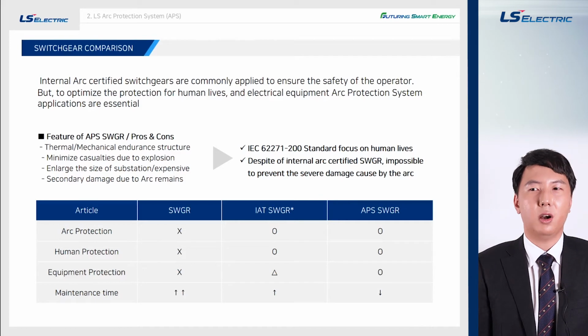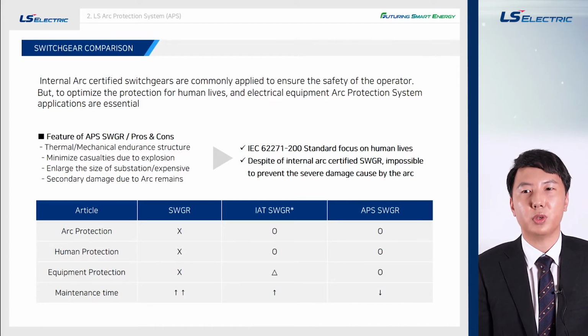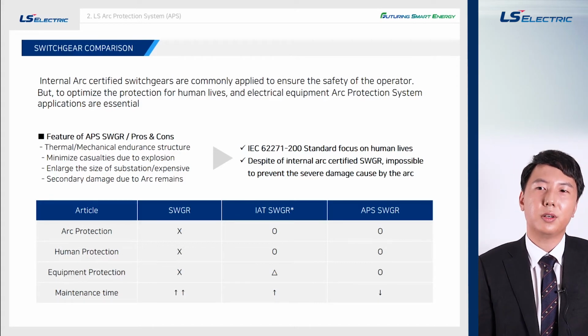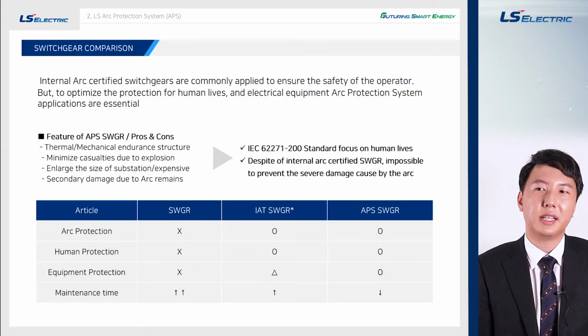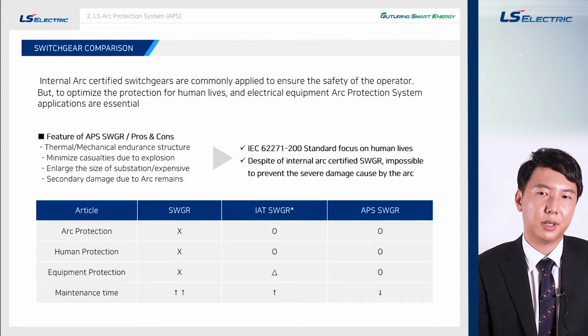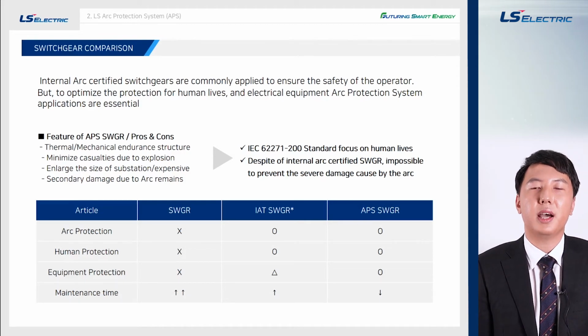Switchgear without any arc protection is critical for human safety and also for the equipment in the switchgear, whilst the internal arc-tested switchgear can protect human lives, but cannot protect the electrical components inside nor the electrical system. The APS-applied switchgear can protect both human lives and the overall electrical system.